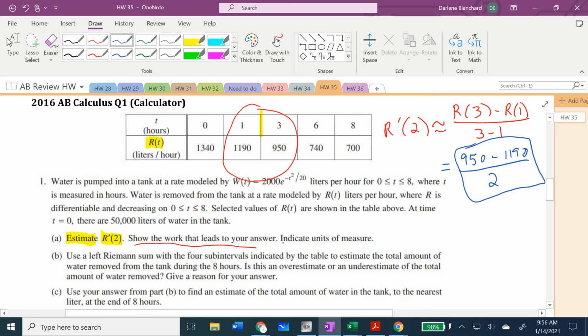Now, it says include or indicate units of measure. So you want to look at if it's R prime with respect to t, then you're looking at the units of R of t divided by the units of t. So it's liters per hour per hour.